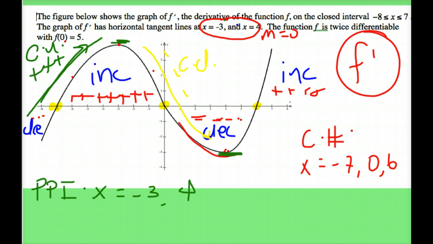And then on the last edge, we notice up here we're positive, which is concave up. So we're going to use that to help us graph our function.